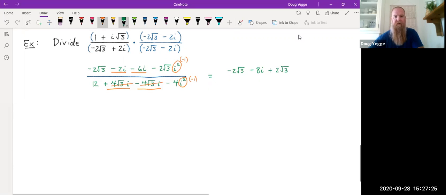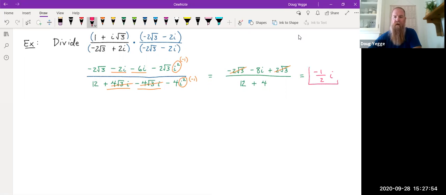And notice what happens there is that the numerator has two radicals that cancel, which means when we divide, on the denominator we get 12 plus 4, because negative 4 times negative 1 is 16. So negative 8i divided by 16 gives me an answer of negative 1/2 i. And that right there is the answer when we divide those two complex numbers.